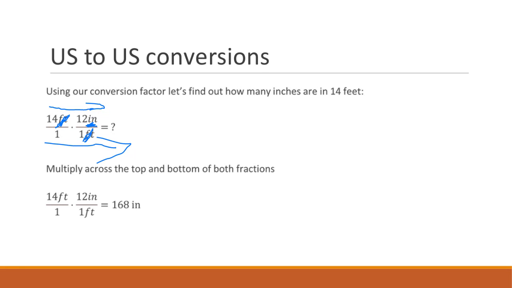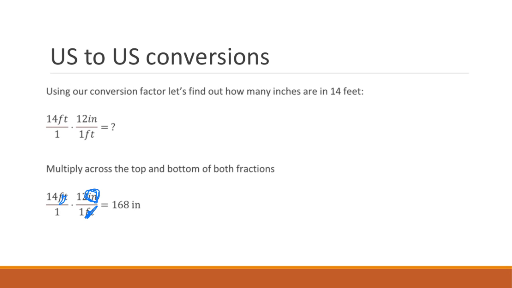And so what I end up with is really 168 over 1. But anything over 1 is just itself, right? So I get left with just 168 with feet crossed out and my new unit, which is inches.